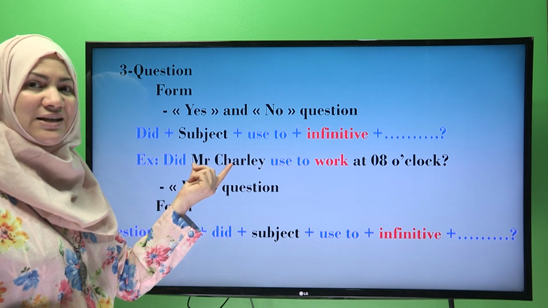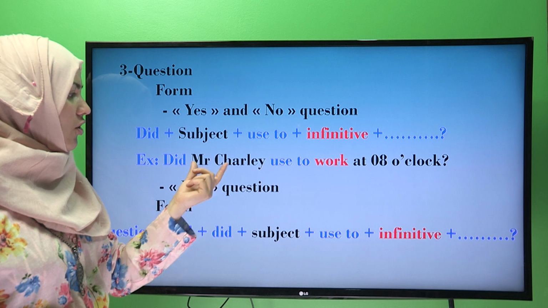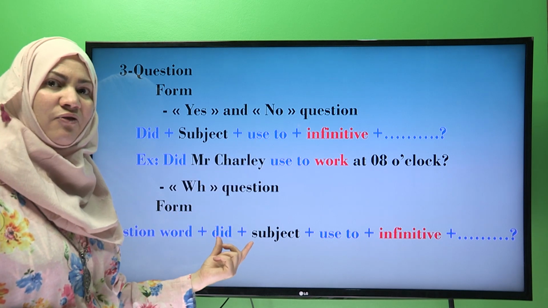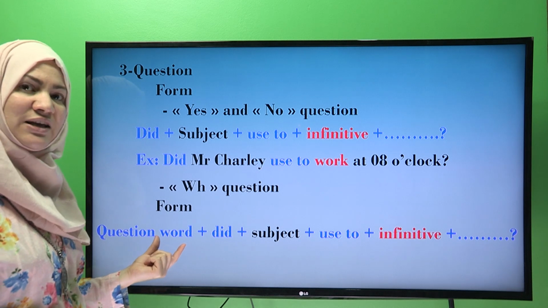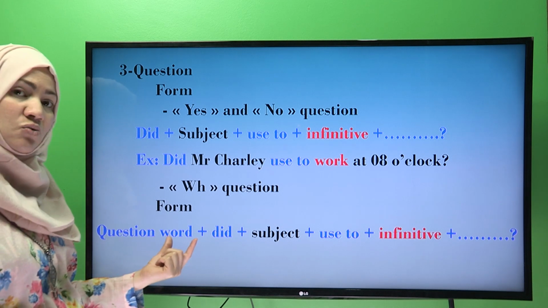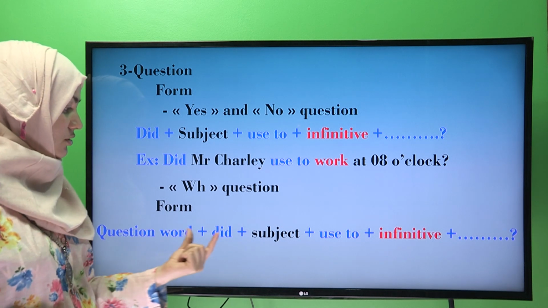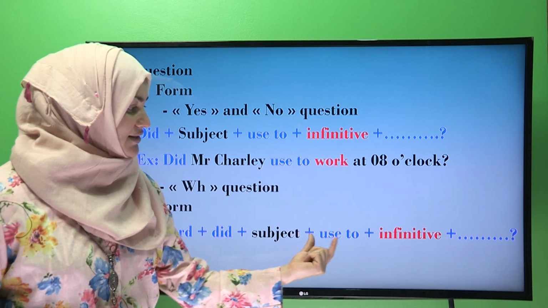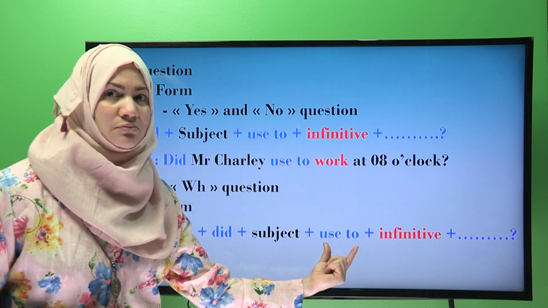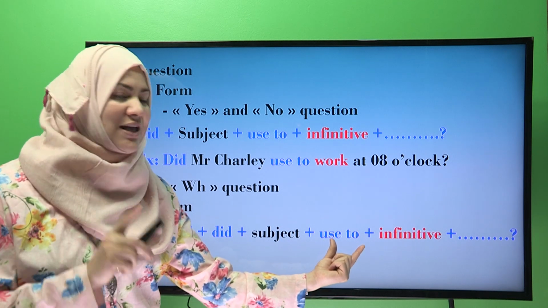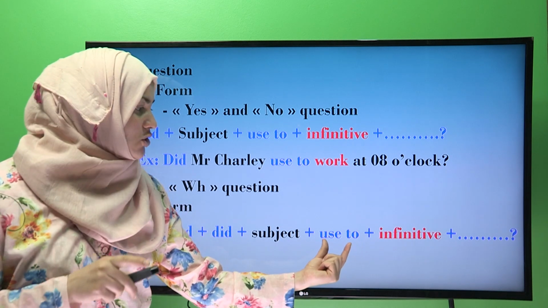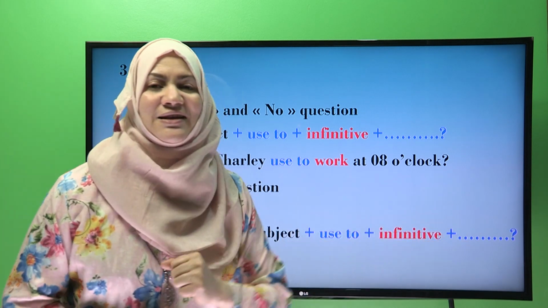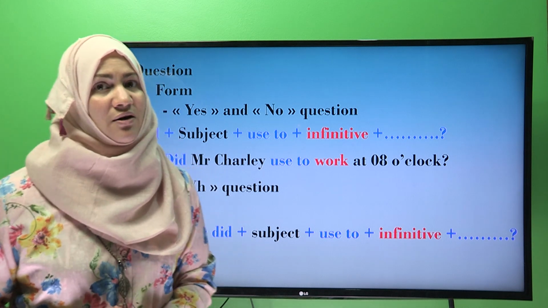We take the same rule as the yes and no question, but here we start with the question word. Question word plus did plus subject plus use to. We don't say used to. Use to plus infinitive, the rest of the sentence and question mark.